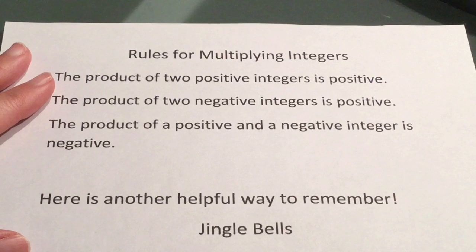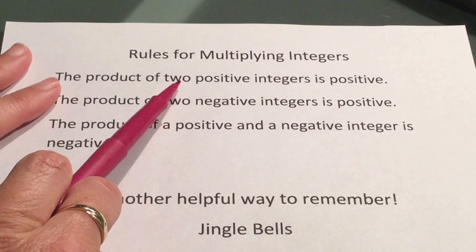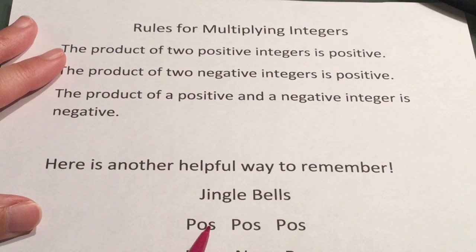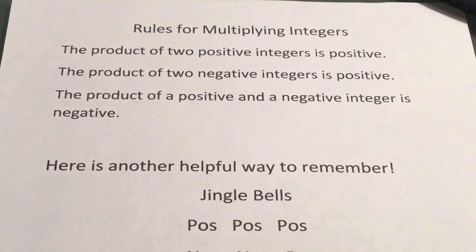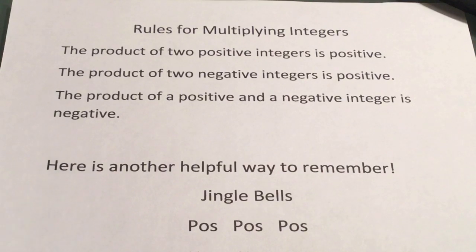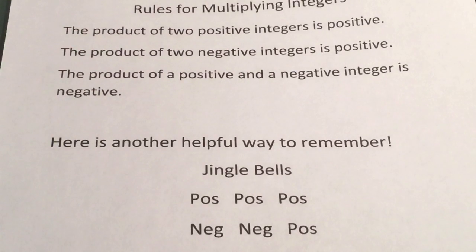So when our rule says that a positive multiplied by a positive gives us a positive, okay, the first line of the song is pos, pos, pos, saying that a positive times a positive gives us a positive. Okay, the product of 2 negative integers is positive, so a negative times a negative is positive. So in our song, neg, neg, pos. It says that rule.